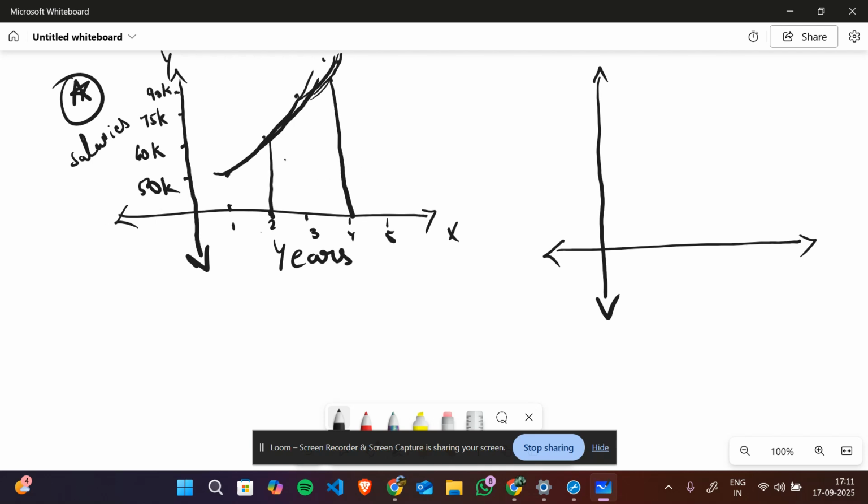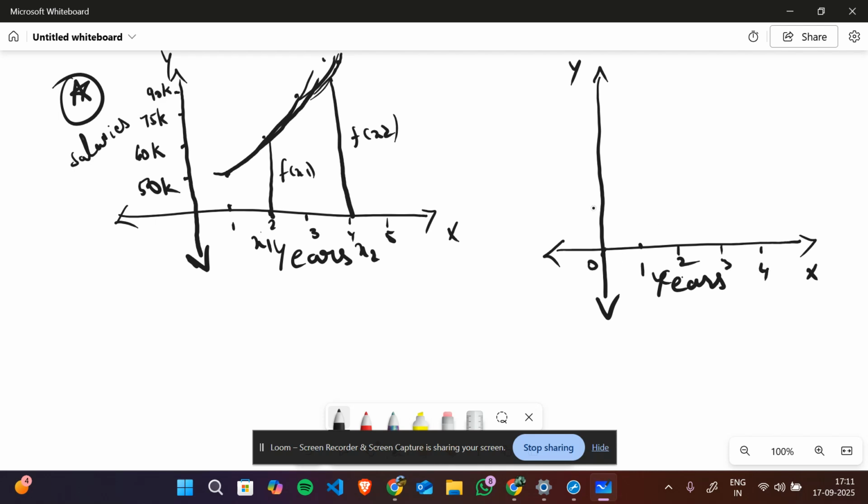Similarly, let us consider the depreciation of a car for the first 5 years. Let's consider the number of years along the x-axis, and the value of the car along the y-axis. So first year, second year, third year and fourth year. In the first year, the person gives 20 lakh rupees and purchases a car.